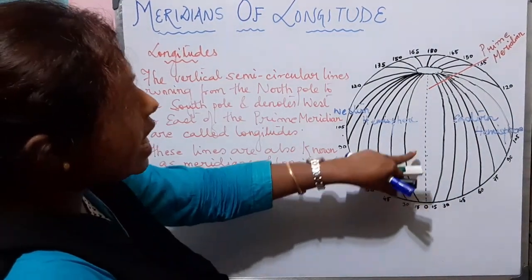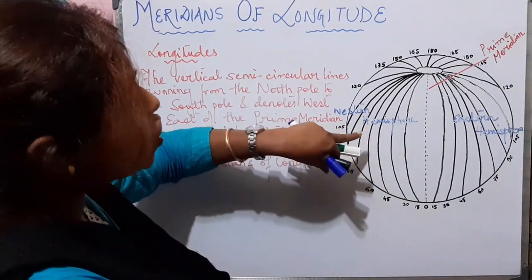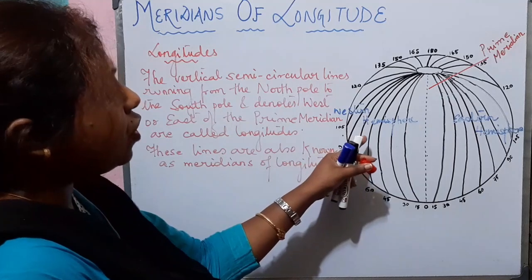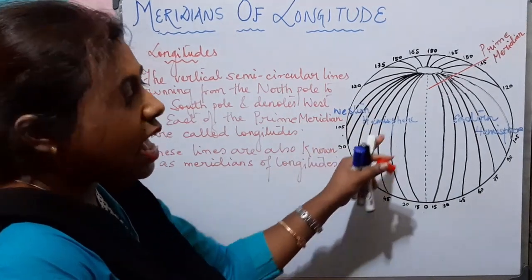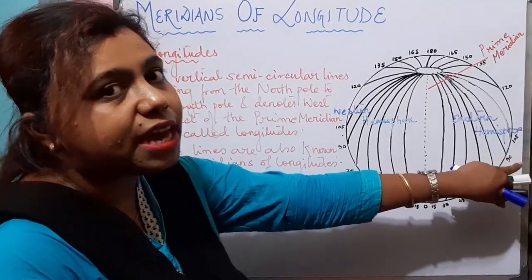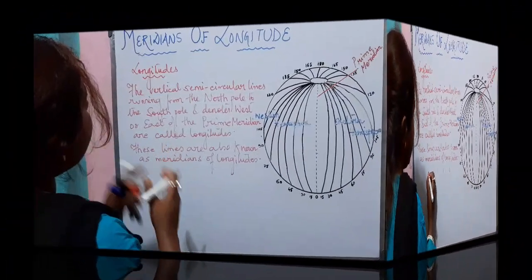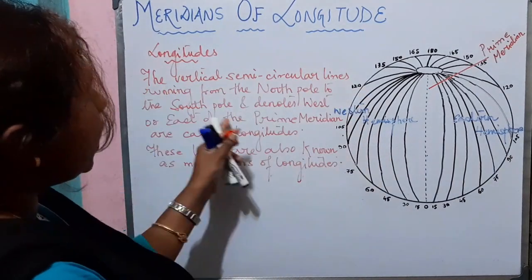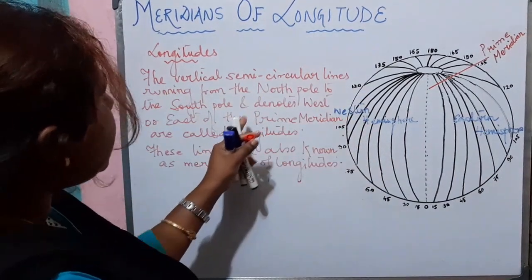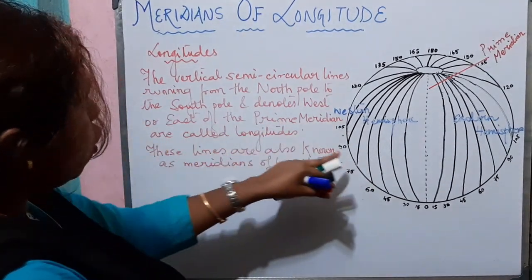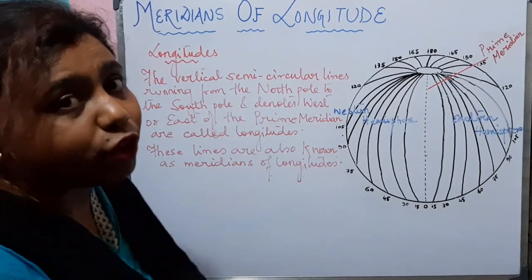Now the lines which are drawn on the west of the prime meridian are referred to as the west longitudes, and the lines drawn on the east of the prime meridian are referred to as the east meridians. So what are longitudes? Longitudes are the vertical semicircular lines running from the North Pole to the South Pole and denoting west or east of the prime meridian. These lines are also known as the meridians of longitude.